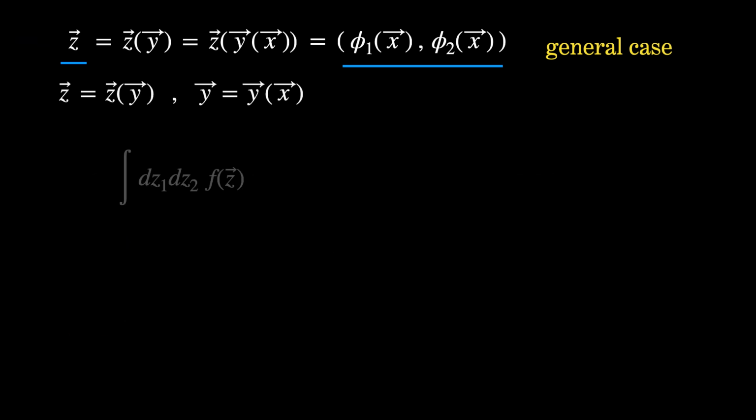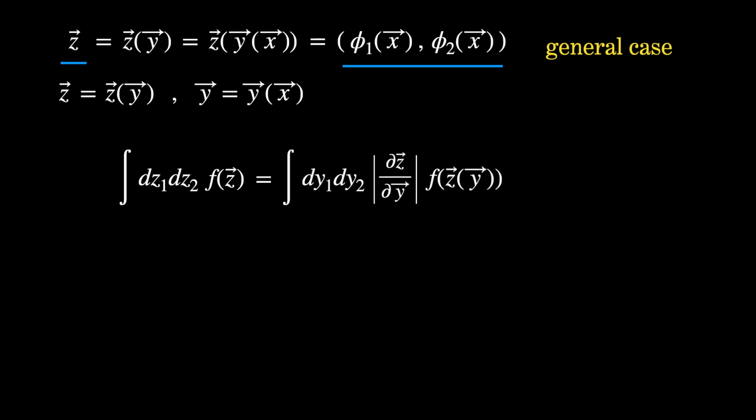Starting with the integral in the z variables, let's transform to y using the Jacobian formula. Then from y to x.